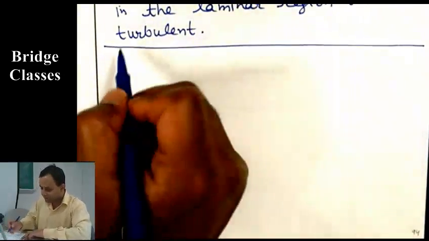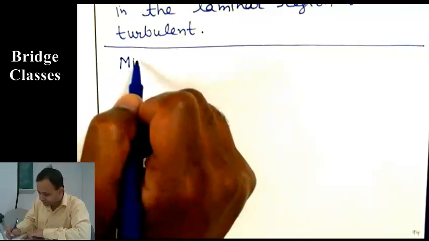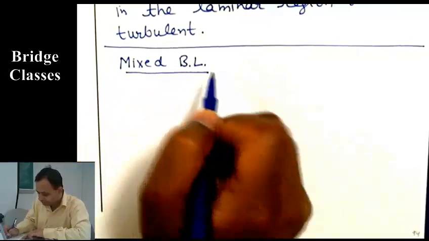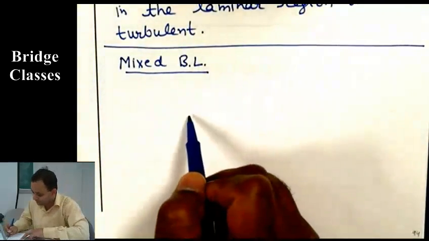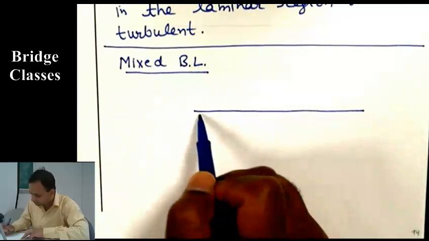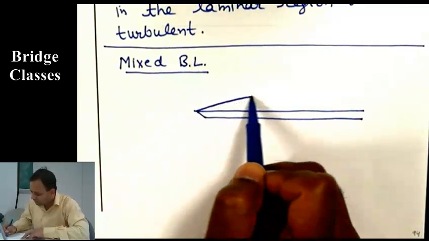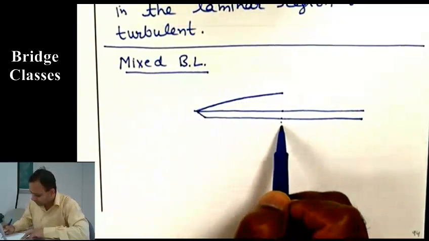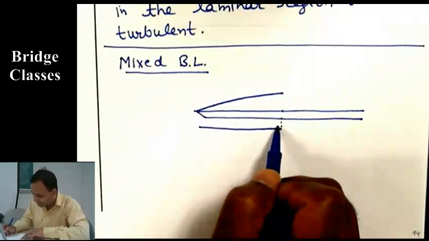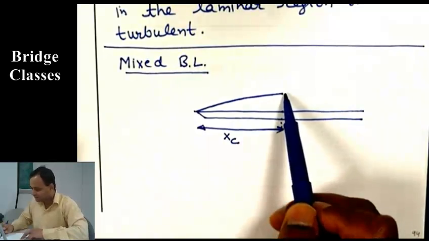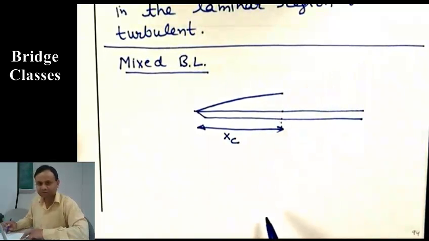Okay, now when we have a mixed boundary layer, the boundary layer is laminar up to this point. Say this is XC. And then there is transition, and then it becomes fully turbulent.